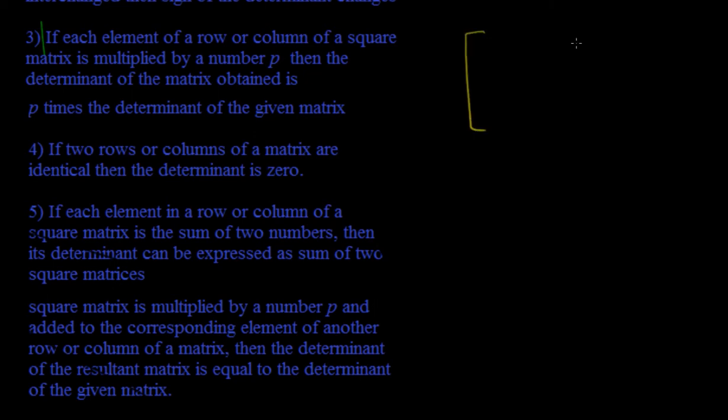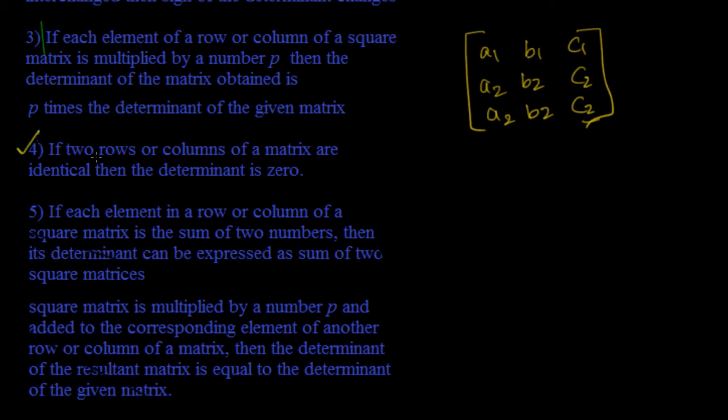Let's take a matrix A1, B1, C1, A2, B2, C2, A3, A2, B2, C2. Now you can see in this matrix two rows are identical.